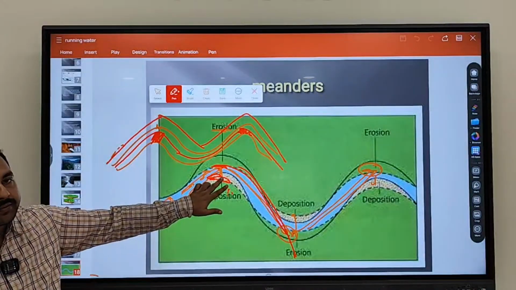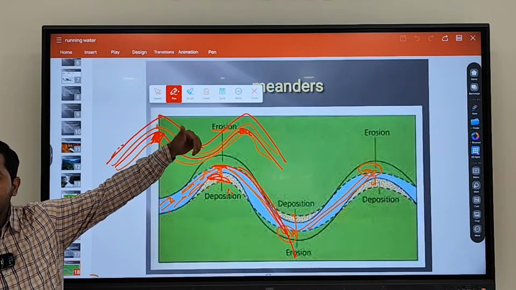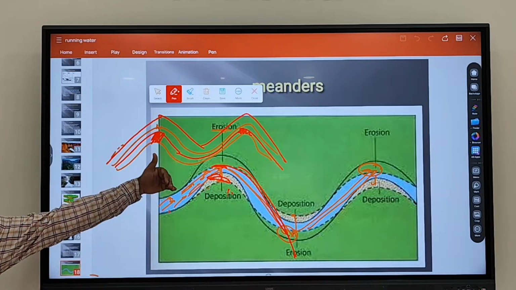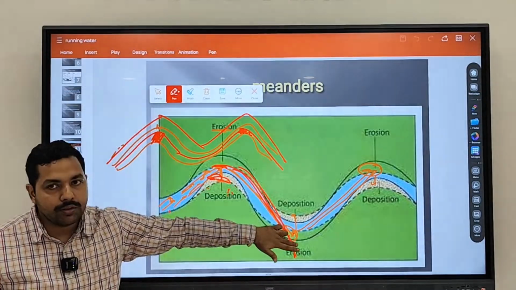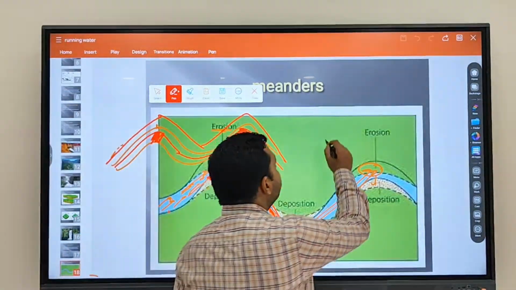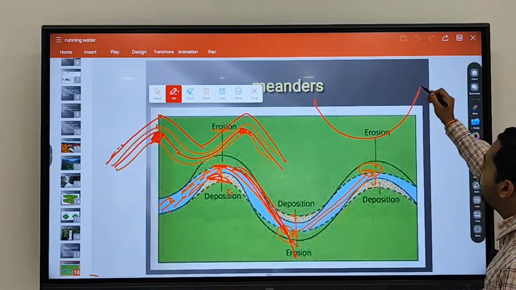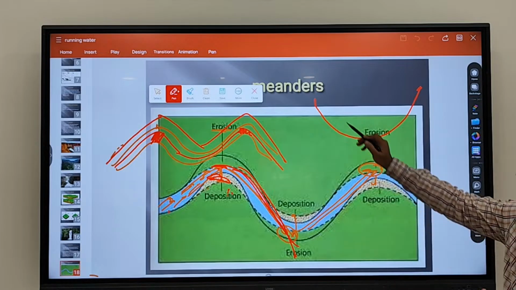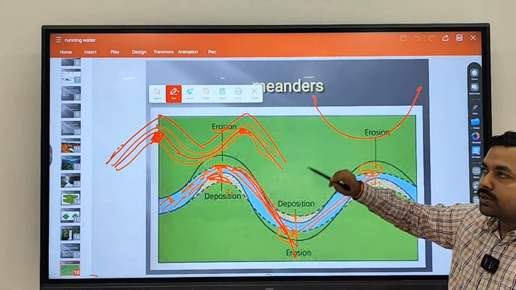Clear? So deposition will happen at this edge and erosion will happen at the other edge. It will erode there and deposit some of the matter over there. Clear? And the rest of the river will move like this. So that's why you will find, let's say this is a river, at one edge erosion will happen, at the other edge deposition will happen.